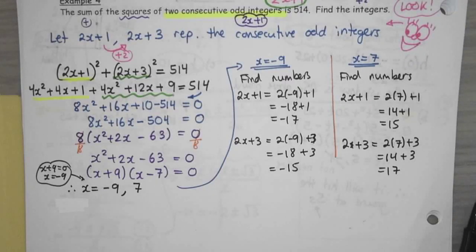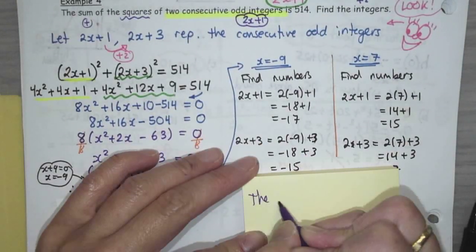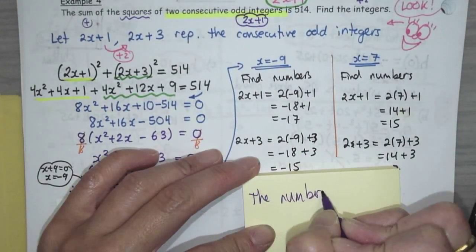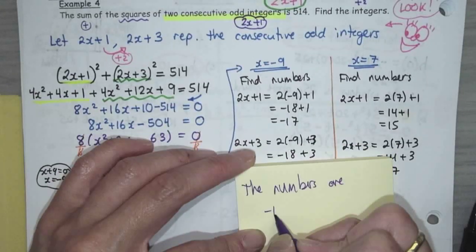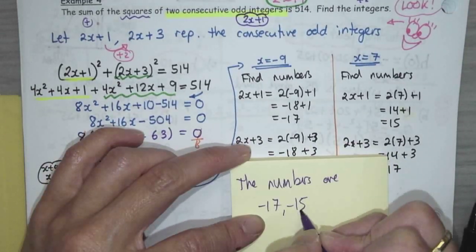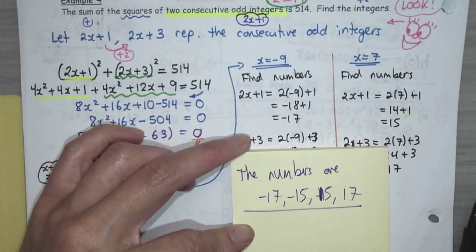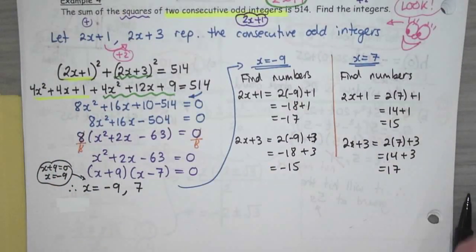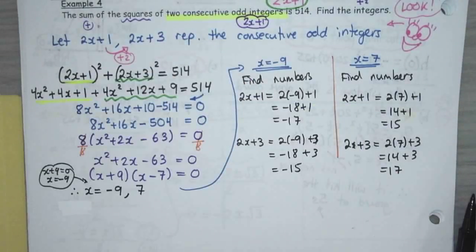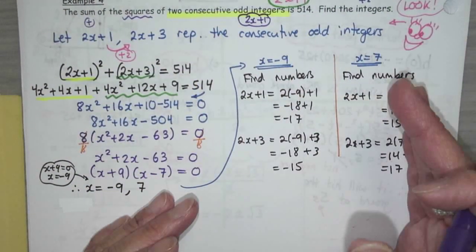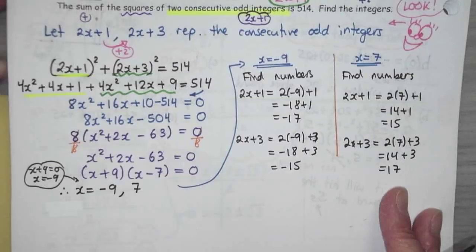This is actually two sets of numbers. Don't say the numbers are -17, -15, 15, 17. Those are not the numbers. You have to separate them. So don't put it all together as 4. You have to separate them into two sets, right? The two consecutive odd numbers.